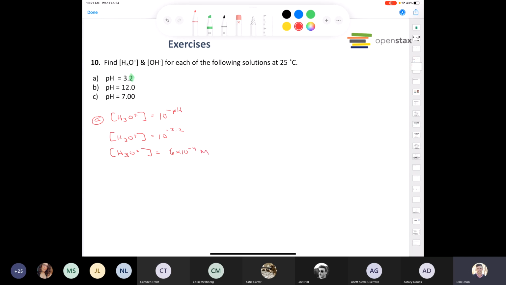Done. Okay? So the concentration of hydroxide is going to be equal to Kw divided by the concentration of hydronium. Where did you get that, Mr. Dion? All I did was solve for the OH minus concentration from Kw, which is equal to the concentration of hydroxide times the concentration of hydronium, which is equal to 1.0 times 10 to the negative 14.